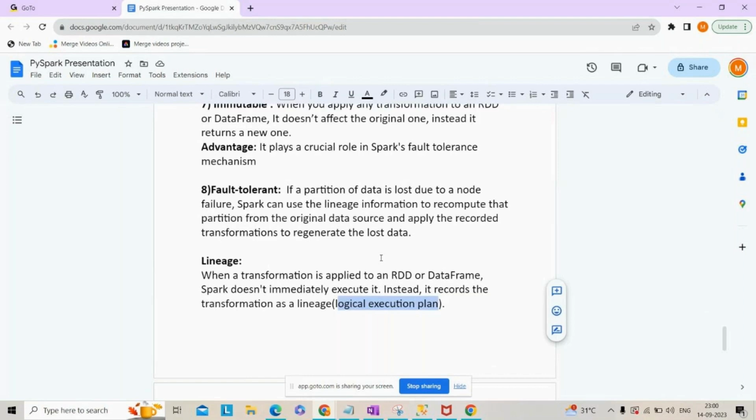Understand? Right. The lineage is very helpful in fault tolerance mechanism.